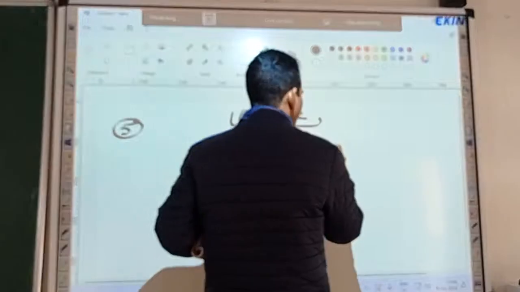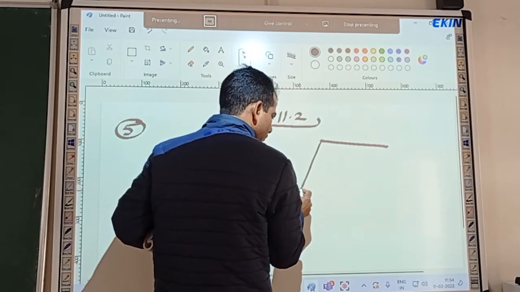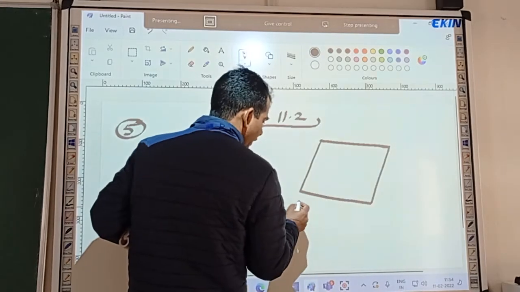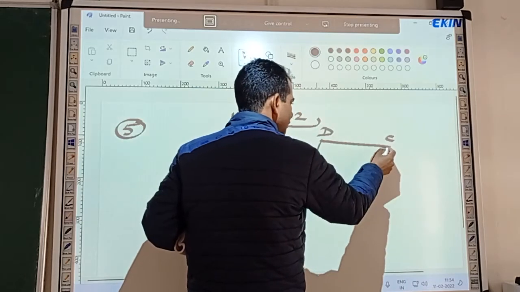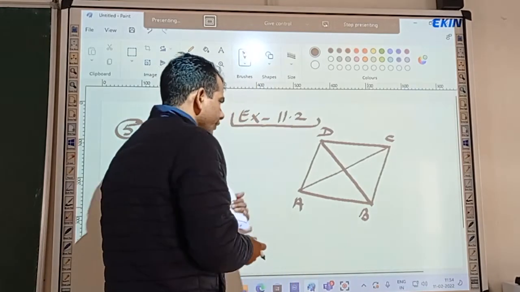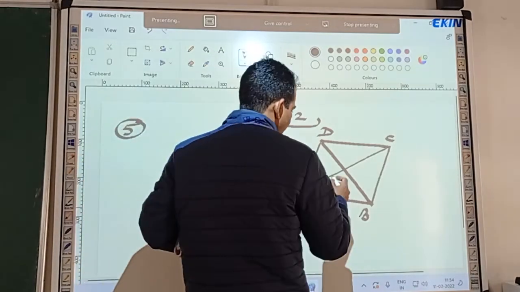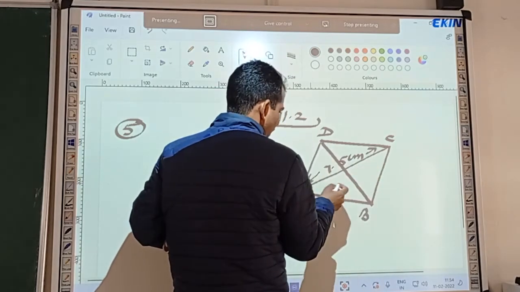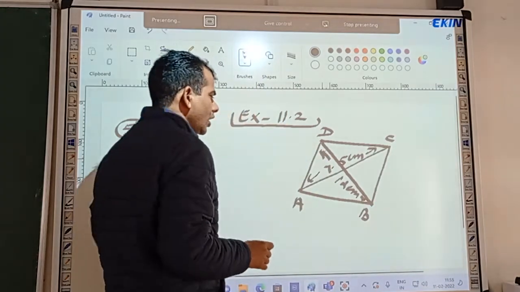The rhombus ABCD, and diagonals are 7.5 centimeter and 12 centimeter. Area of rhombus ABCD.